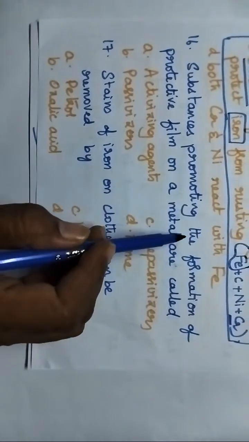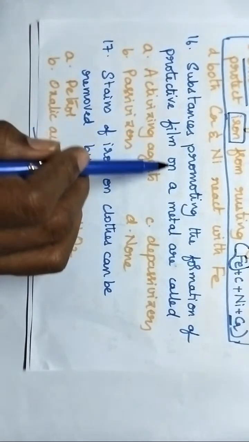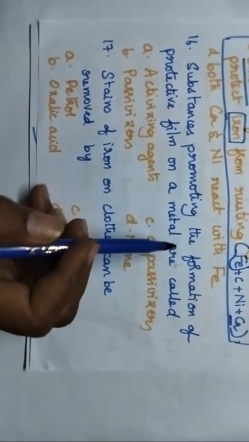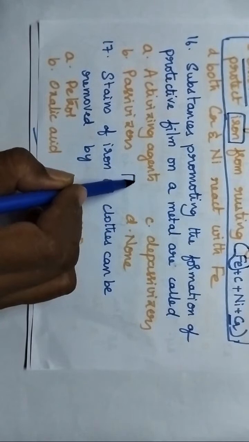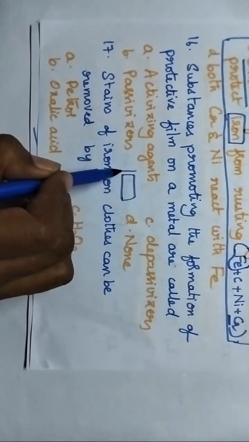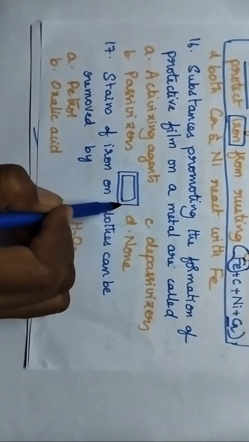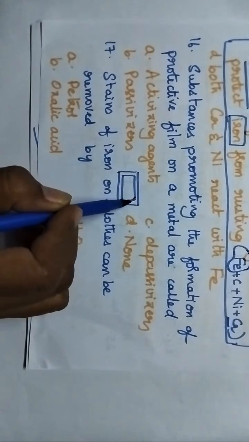Substances promoting the formation of a protective film on a metal are called. So especially when you consider a few metals like chromium, nickel, they will form a protective layer on metals.